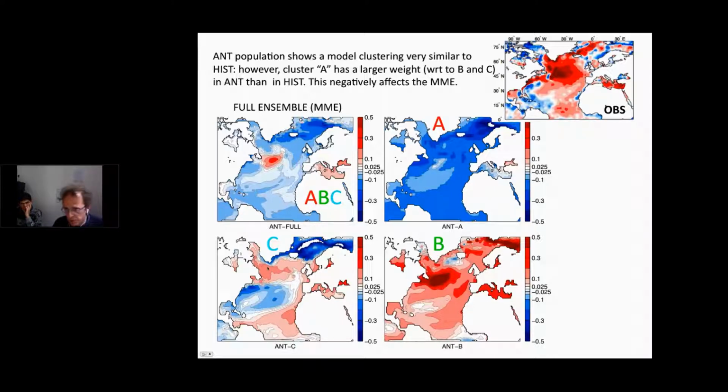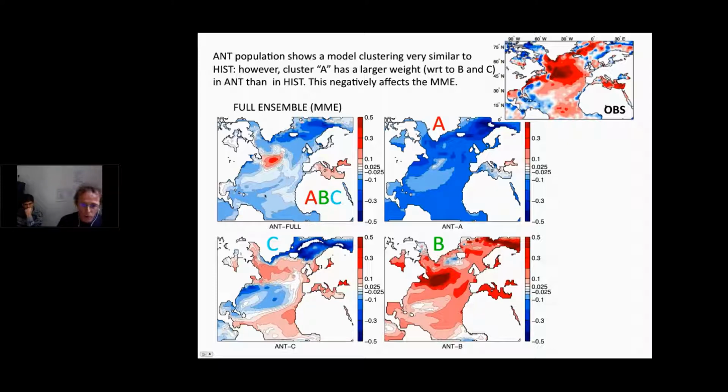Also, cluster C, which is not a real cluster because it is made of one single model, has very good skill in reproducing some of the features. But for example, if you look at what happens in the Nordic seas, you see that the anomaly in cluster C is completely wrong, whereas cluster B is much more faithful to the observed pattern. Whereas again, cluster A turns out to be a complete failure.